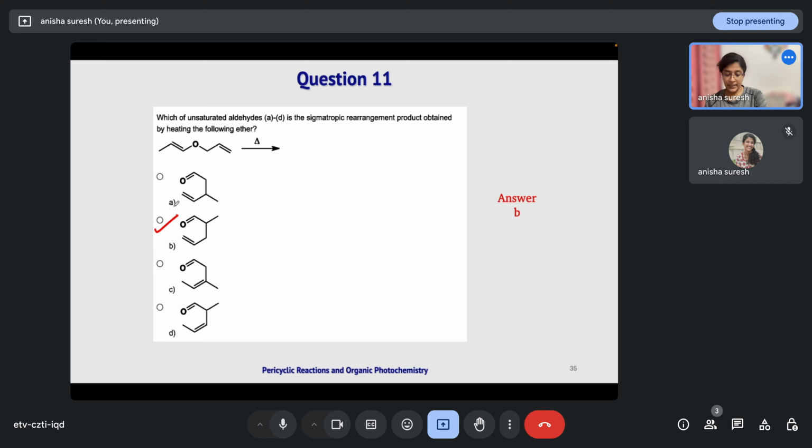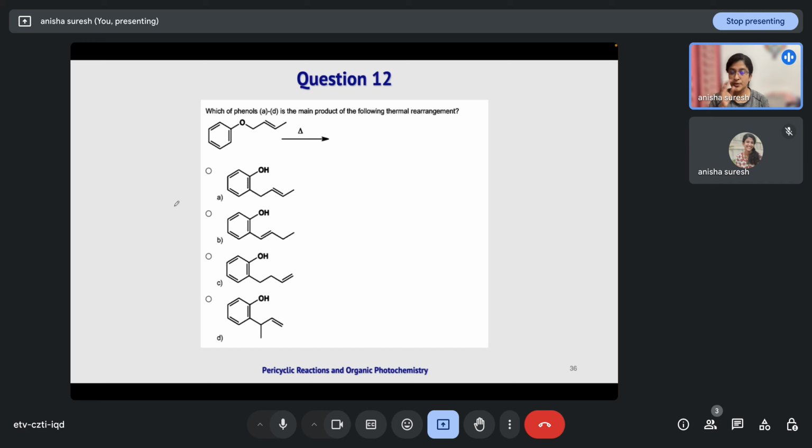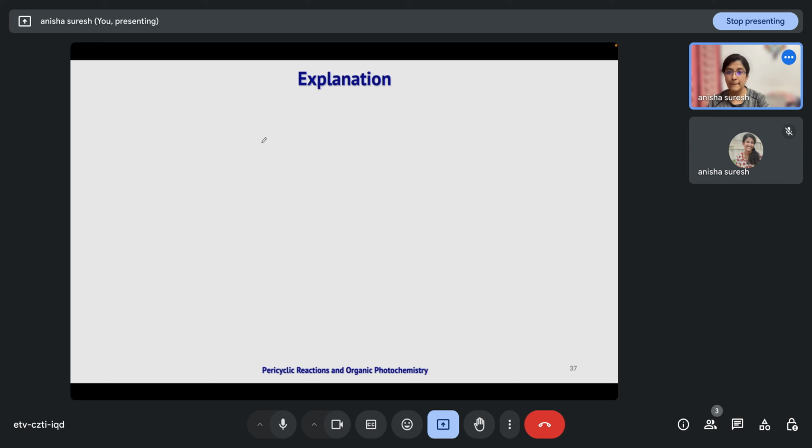Now coming to the 12th question. This is also similar to the 10th question. We just have to identify the product. So we have already solved that question, so let me explain once more. It is an example of 3,3 sigmatropic rearrangement. OCH2 double bond. We can draw it like 3, 2, 1, 1, 2, 3.